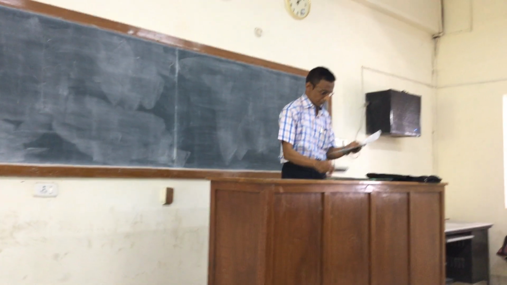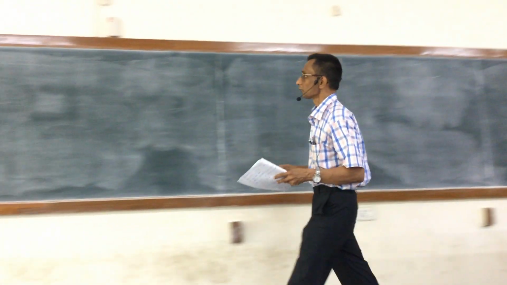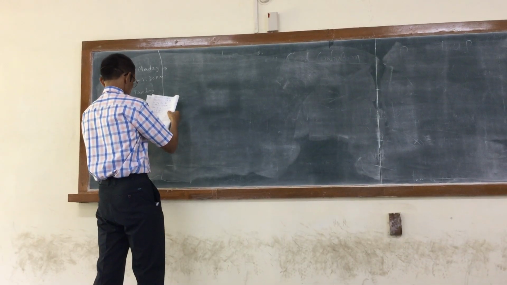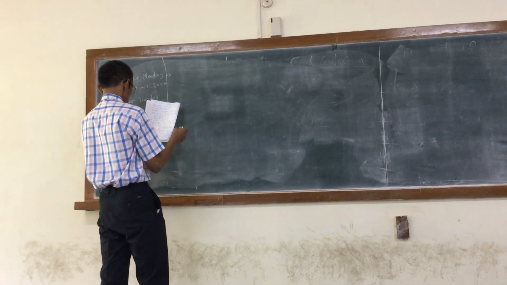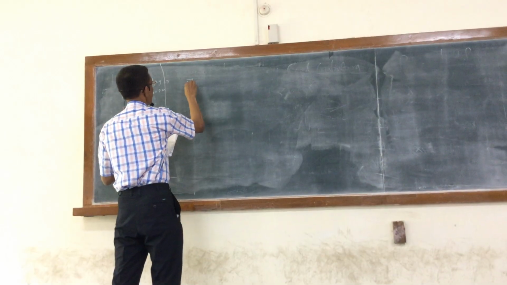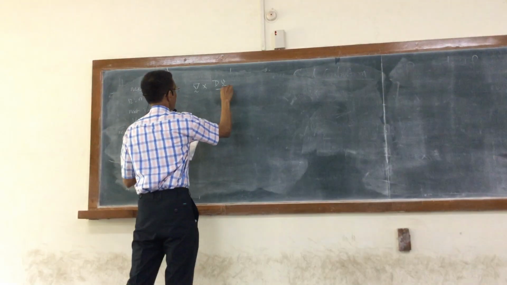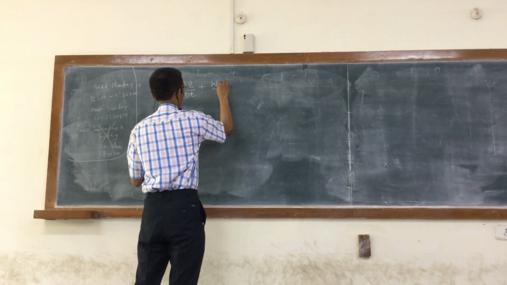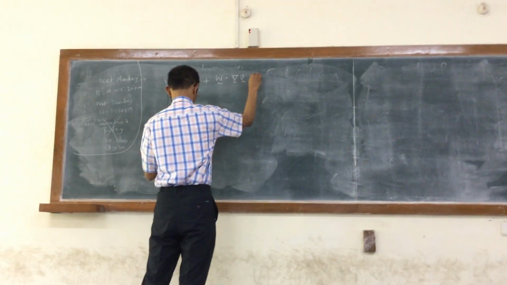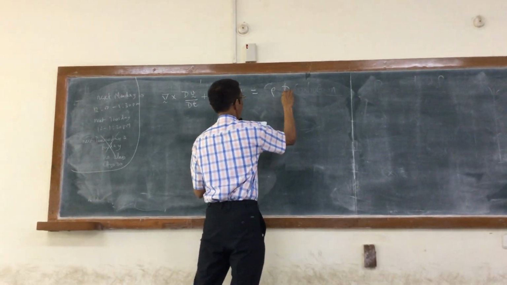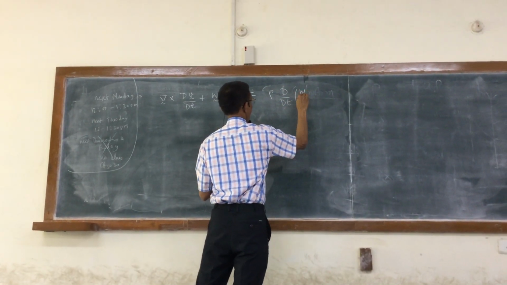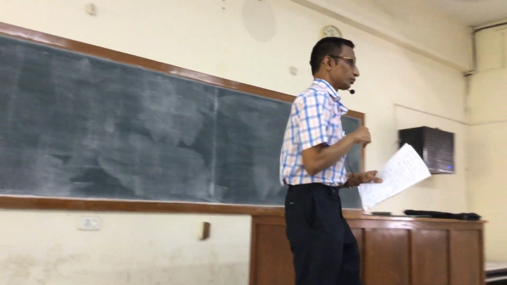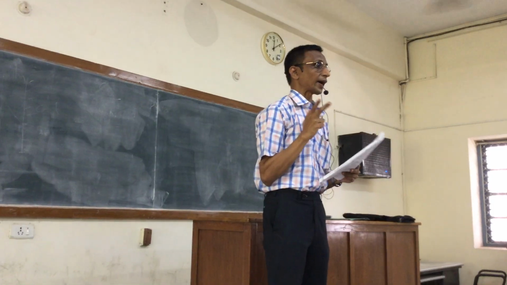The basic equation that was derived was the vorticity equation, which comes from simply taking the curl of the acceleration.